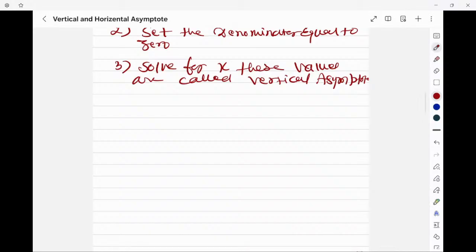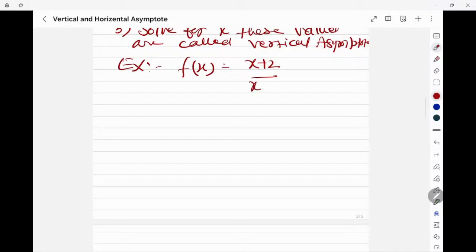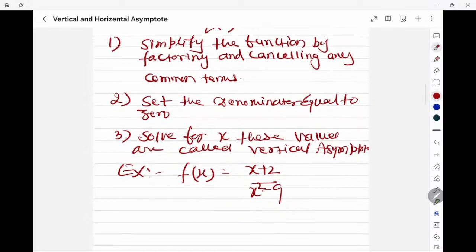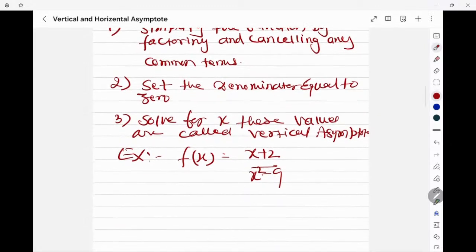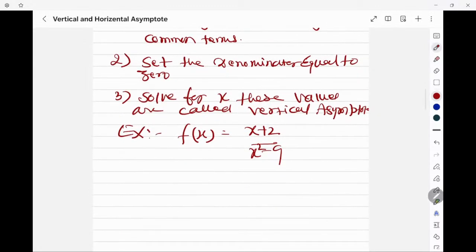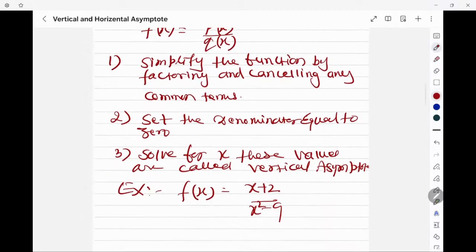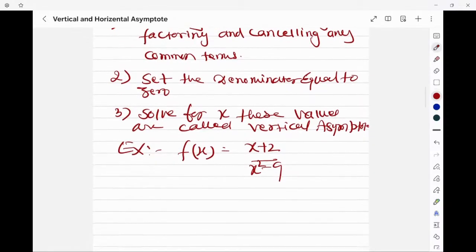Here I shall give you the first example. f(x) is defined as the rational function (x plus 2) over (x square minus 9). The first rule says simplify and factor. There is nothing to simplify because x plus 2 and x square minus 9 are co-prime, with no common factor of numerator and denominator.